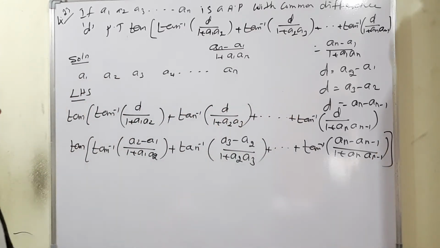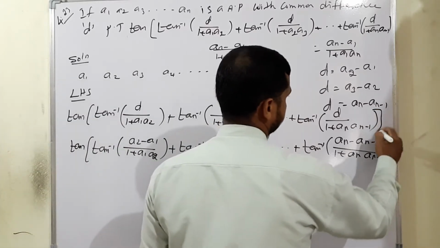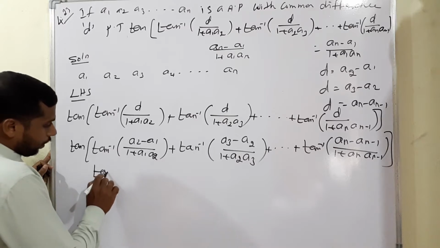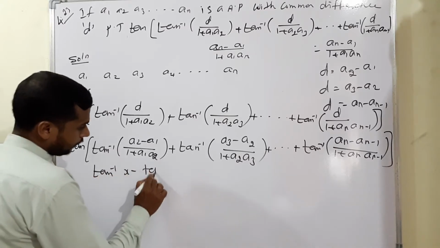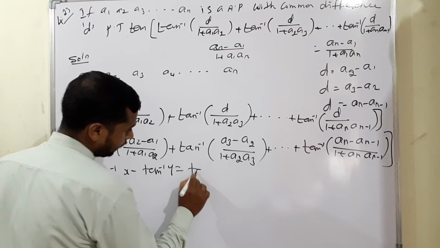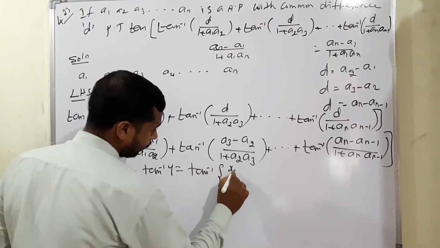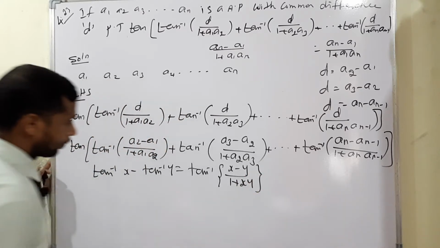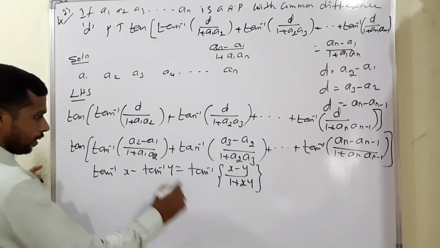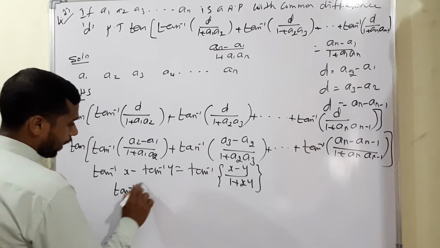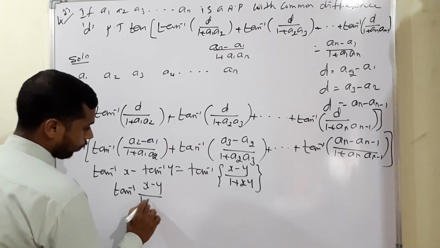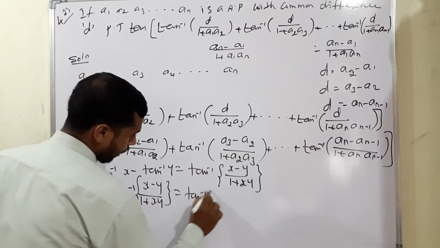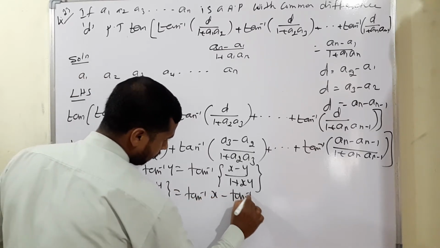So next, what do we have to do? Listen. This is one of the formulas. What is the formula? Tan inverse x minus tan inverse y is equal to tan inverse of x minus y over 1 plus xy. Just reversing the order, it is the same formula: tan inverse of x minus y over 1 plus xy is equal to tan inverse of x minus tan inverse of y.